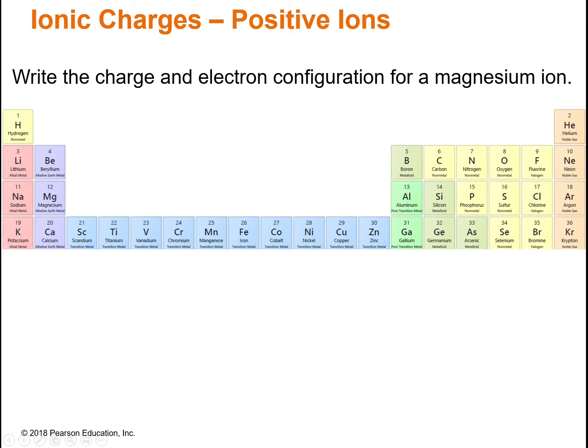So let's do an example together. The first thing I want to do is figure out the charge for a magnesium ion. Look at this portion of the periodic table, find magnesium, and tell me what you think the charge is going to be. We're doing positive charges, so it has to be positive, right?